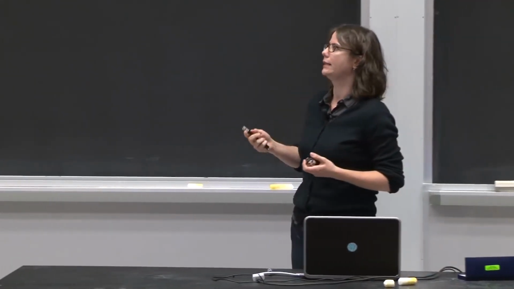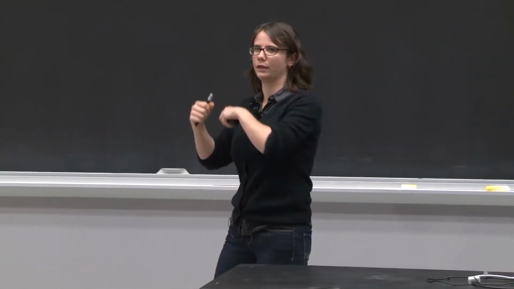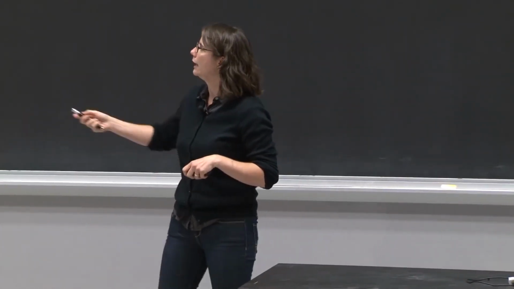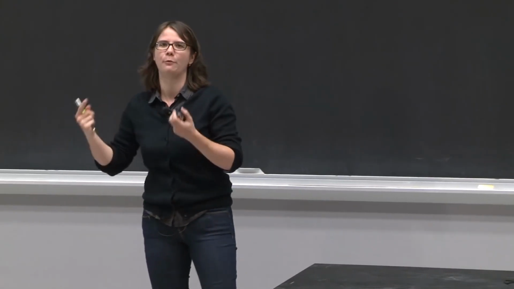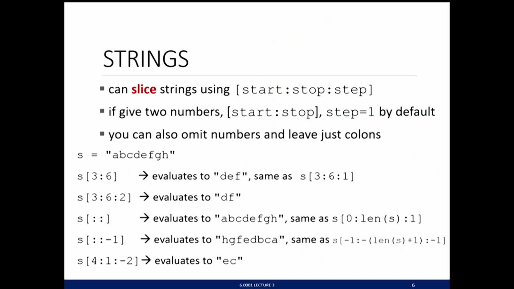The stop is the stop index, so you're going to go up until stop minus 1 and take that index. And then the step is every how many letters you wish to take. So this is the full notation here, but sometimes you can not give it a third number in here. So if you only give it 2 numbers, then to Python that represents just the start and the stop, and by default step is going to be 1.